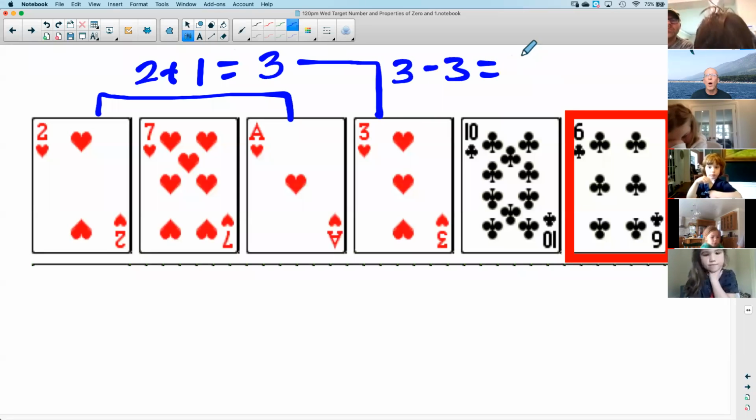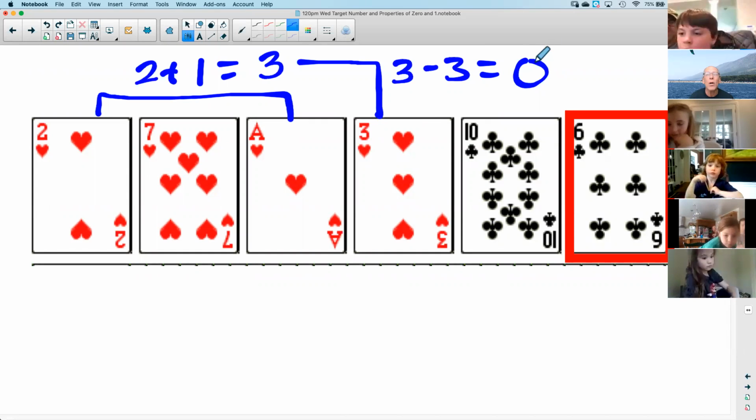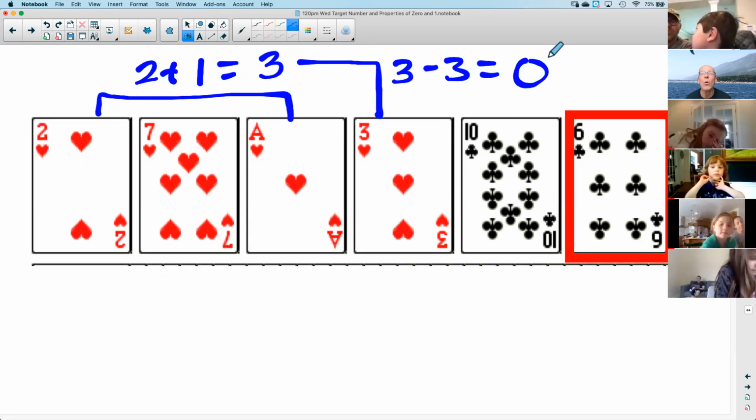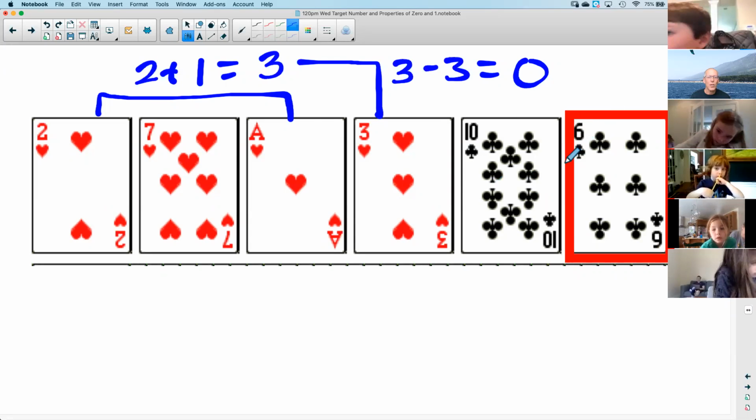And that equals what, Victoria? 0. Yes. Now, I have a 0, but I have a 7 and a 10 left. How am I going to get from 0 and 7 and 10 to 6? So I want you guys to think about that.